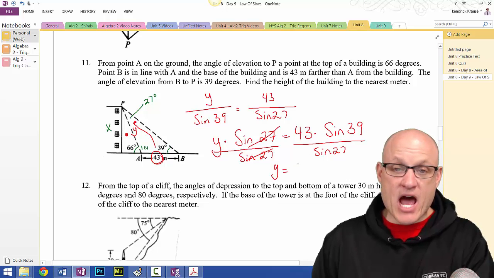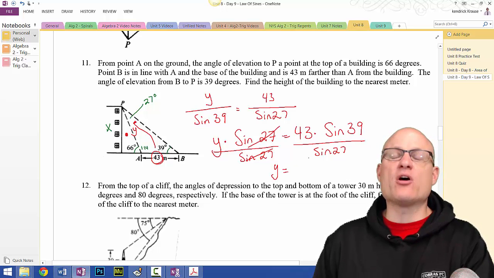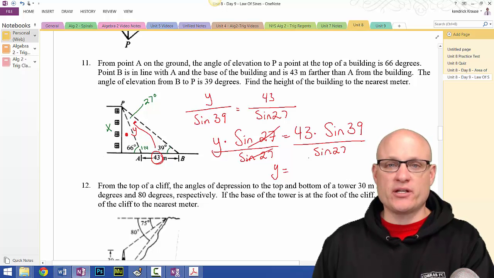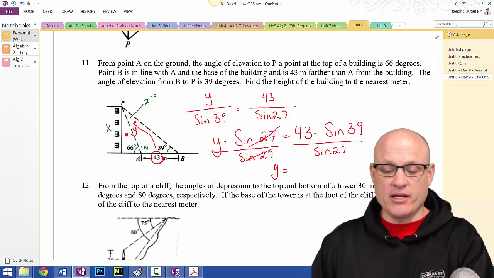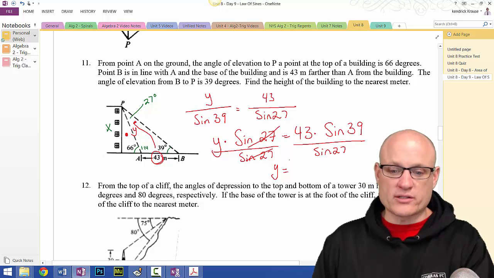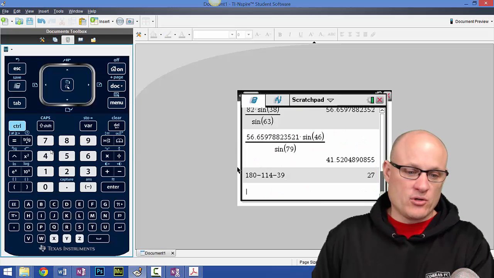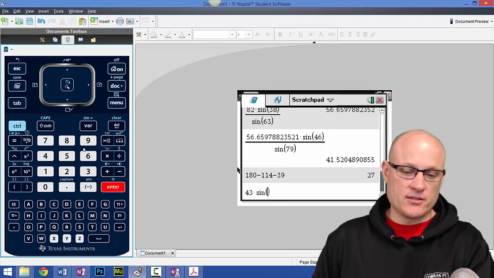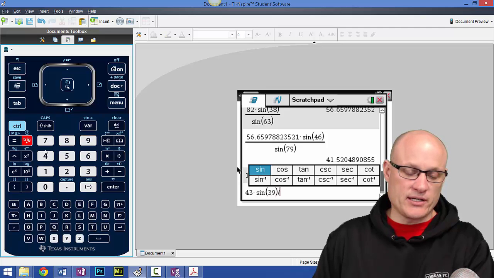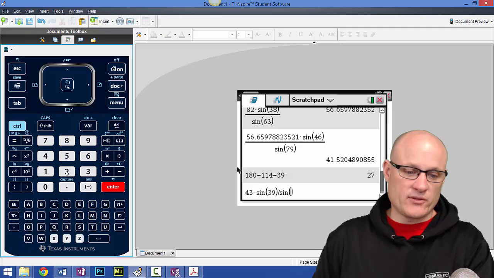You cannot round until the very end. It is brutal to sit in a classroom and see kids round at the wrong time. You round only at the end. So 43 times the sine of 39 divided by the sine of 27.